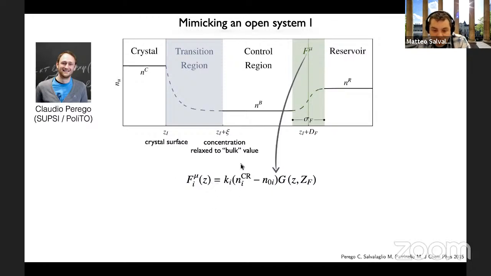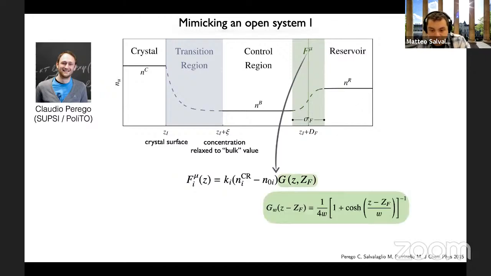And these forces depend on the distance of the concentration, of the instantaneous concentration in the control region with a set point distance. And this expression for the force is applied through a switching function that acts in this region of the simulation box with the ions that essentially are in this region. So this is the formulation of the switching function.